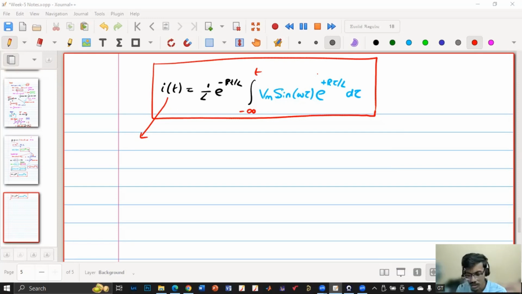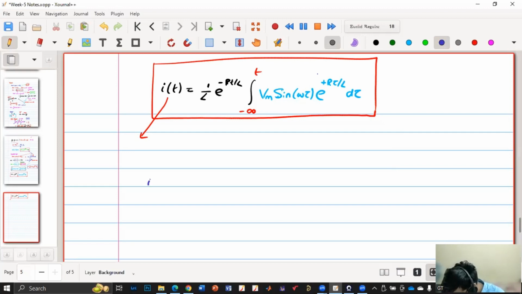So I'll not solve this, but you can solve this during your free time. And if you solve this, I'll write the expression. If you have any doubts, you can ask, or maybe I can solve this later and upload it also if you want it that way. So you just tell me in the comments. But I want you to try it first. So if you try this, you will get this I of t.